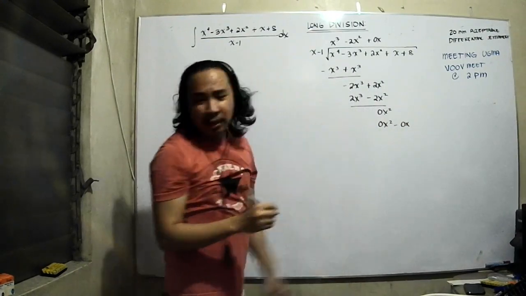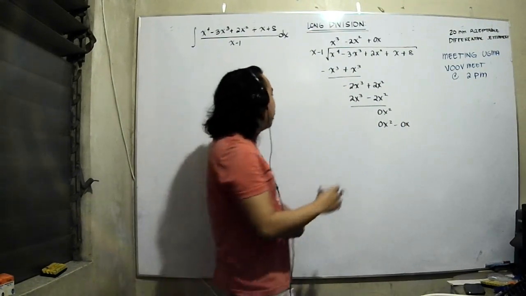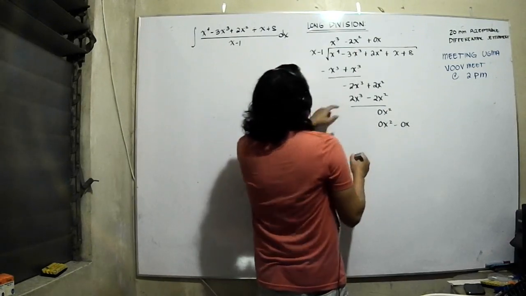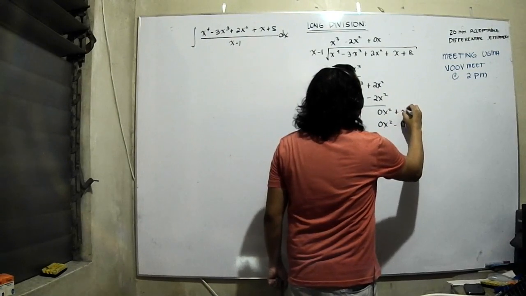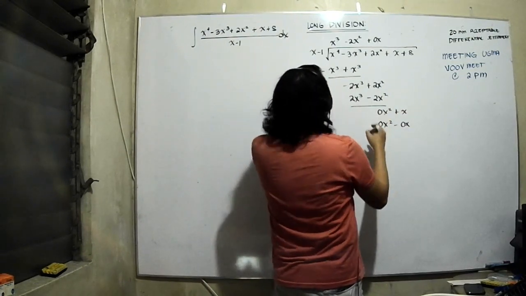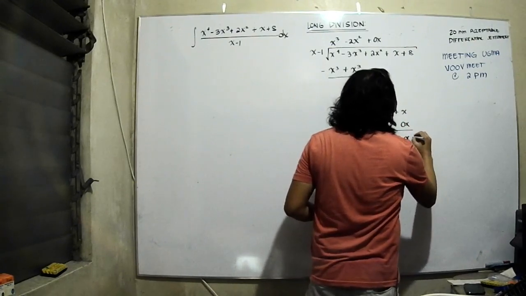Sorry, I don't memorize everything, so I apply what I remember directly. This is plus x here, so negative and positive, so it is x plus 8.